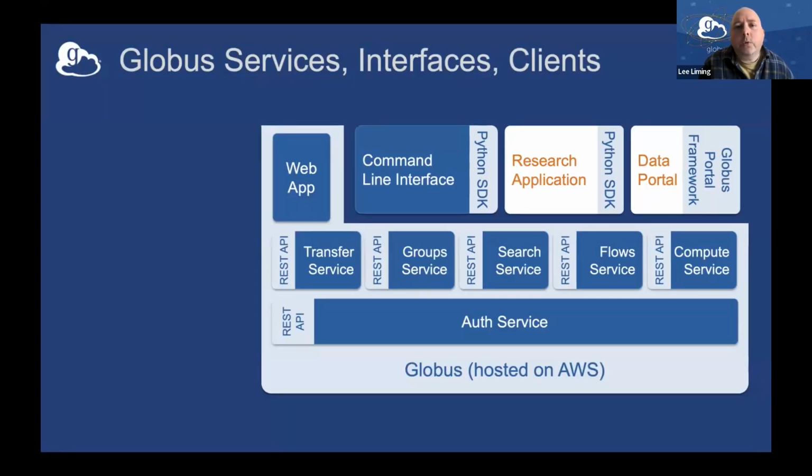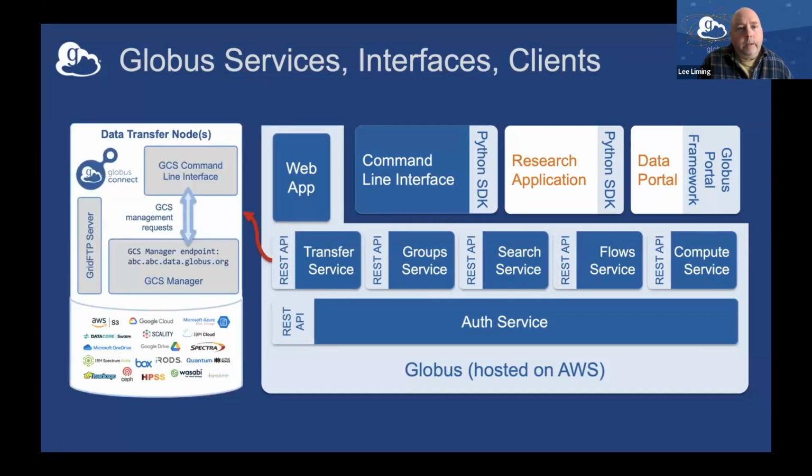What you really don't need to worry about so much as a developer is where is all the data, because the data is going to be on storage systems that have been provided for you by your administrators, or that you have connected to Globus yourself by installing Globus Connect Server, or Globus Connect Personal. You would access that, though, or your software will access that by talking to our transfer service using the transfer API. And that can be done either in the web app, in the command line interface, or directly through the SDK, the Python SDK.